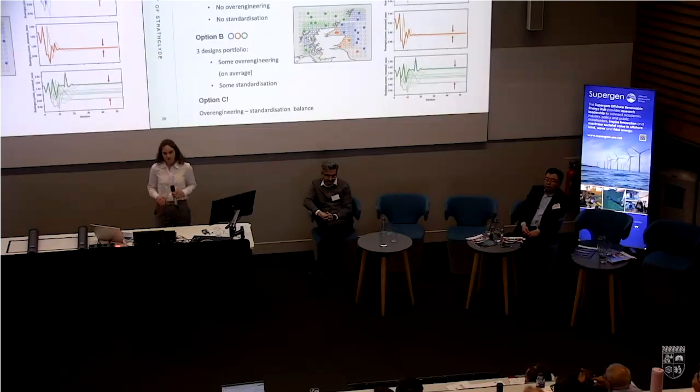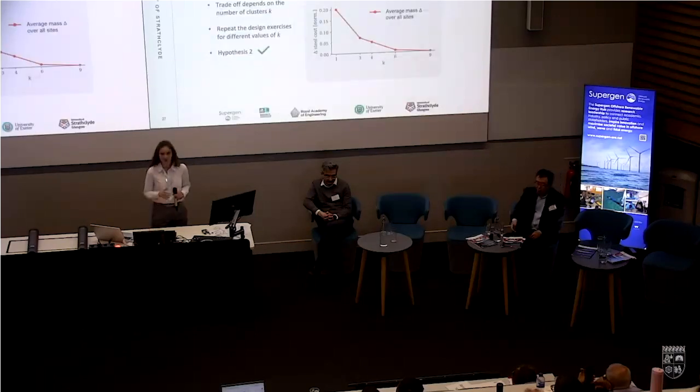If we just focus on the blue cluster, you can see that all the thin curves, which relate to the site-specific designs, are lighter and cheaper than the cluster generic design, which is the thick curve. This is also the case for the orange and green cluster, but the average level of over-engineering varies. This is a very powerful exercise because we can repeat it for different numbers of clusters.